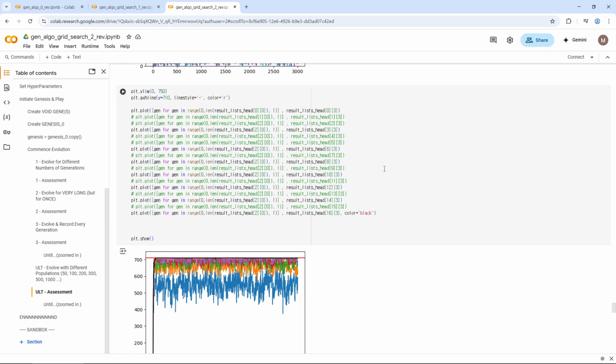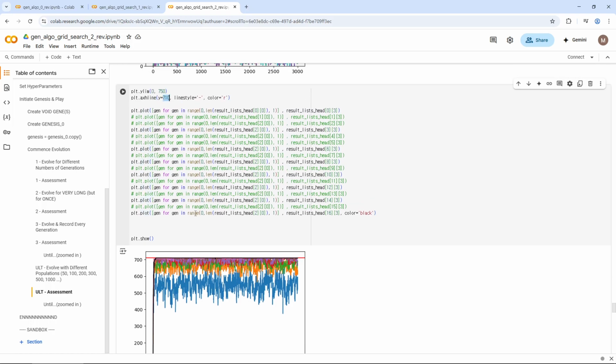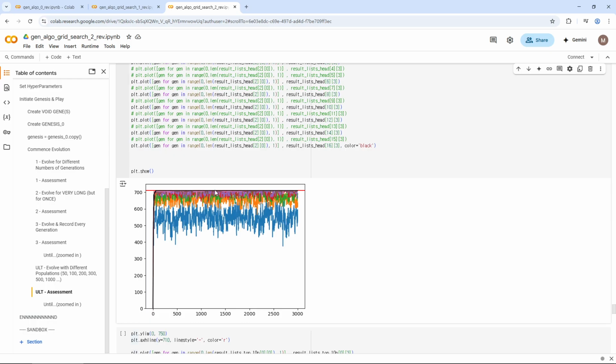So for that, we move on to this. This plot tells us exactly that. So the black one, well, I'll start with the biggest population size. The black line is for population 2000. And you can see that it quickly reaches the best possible summed utility value, which is 710, and just stays there.